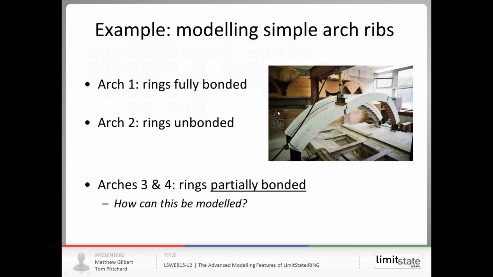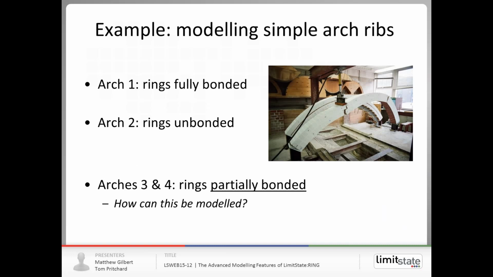And just as a way of demonstrating this functionality, I'll look at some laboratory arch ribs that were tested some years ago. The interesting thing about these tests was that we looked at various different inter-ring details for them.